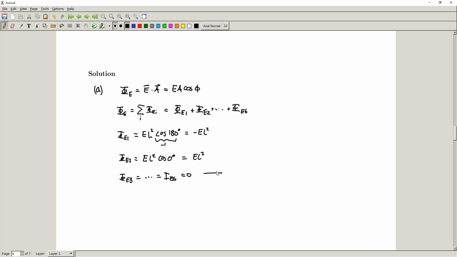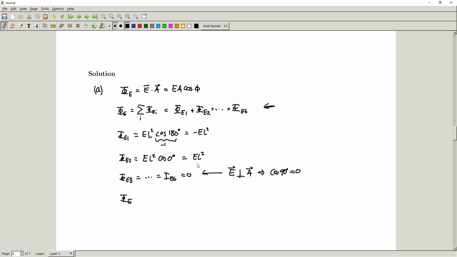And why is this? Well, these are all equal to 0 because in this case, our electric field is perpendicular to our area vector, and this means that we're taking the cosine of 90 degrees, and the cosine of 90 degrees is 0. So all those go to 0, right? And then using this sum that we talked about, we want to see what the net electric flux through the entire closed surface is.